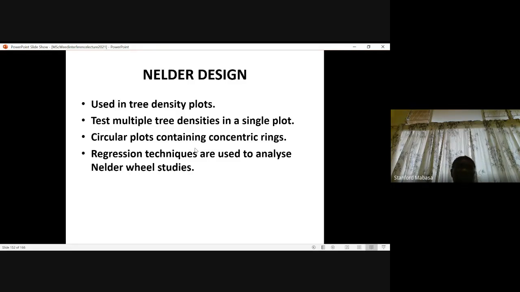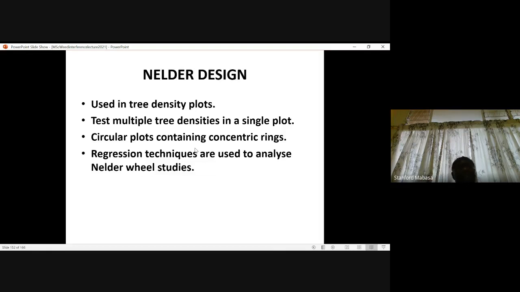Now I'll move to the Nelder design. This is usually used in forestry, and it is used in tree density plots. We may want to test multiple tree densities in a single plot.